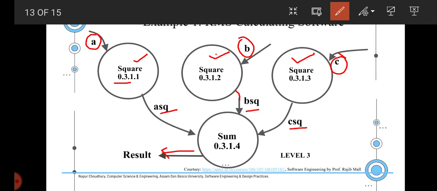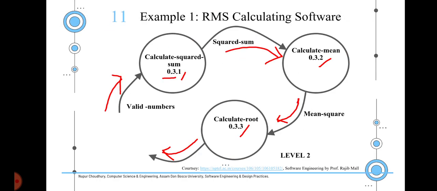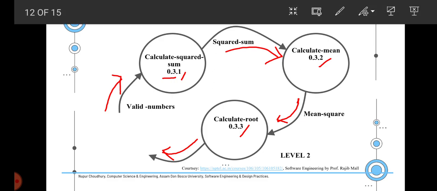The next process is essentially finding out the mean of these 3 numbers. So if you look at the previous diagram, it is basically ending in this particular point.